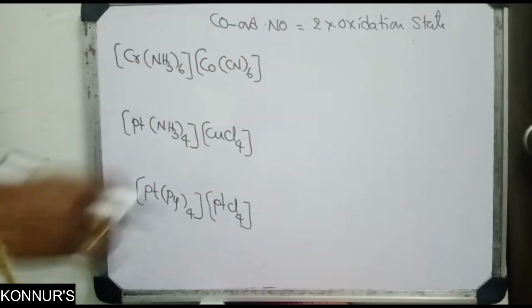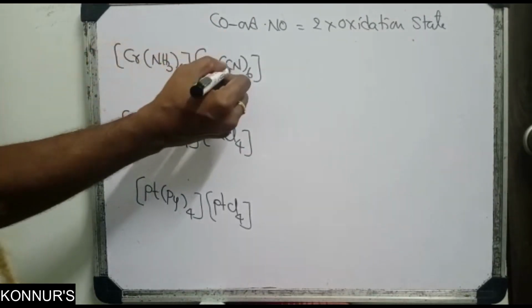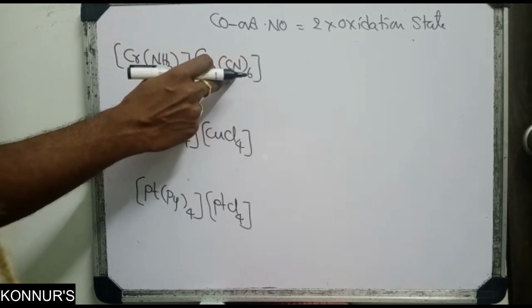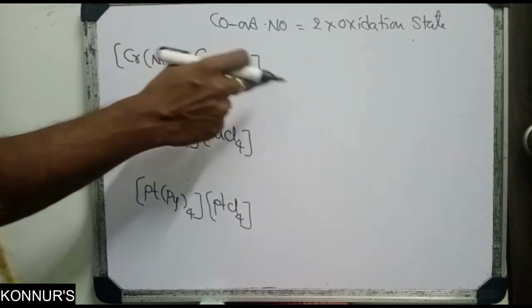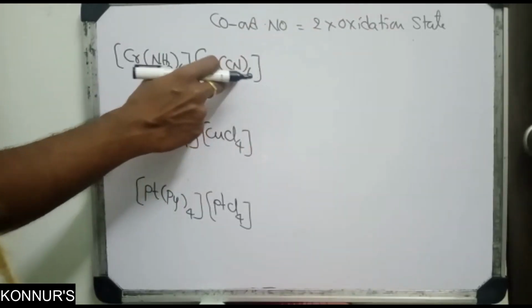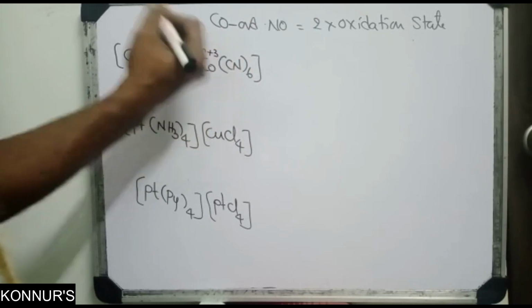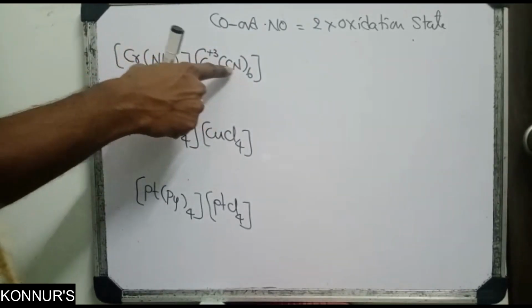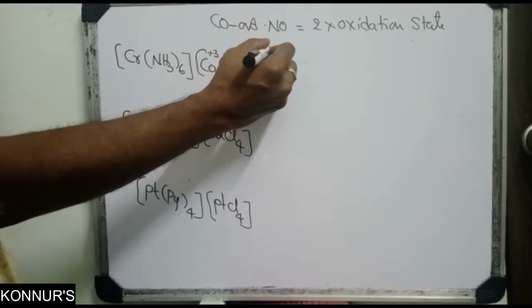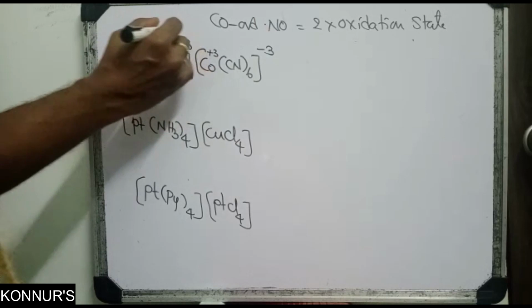Majority, 99%, everyone is following that only. So here 6 negatives are there, which means 6 ligands. Coordination number 6. What about the oxidation state? 2 into 3, so that's why it is plus 3. So plus 3 means 3 are neutralized, so that's why minus 3 is coming. This complex minus 3 means this complex is plus 3.